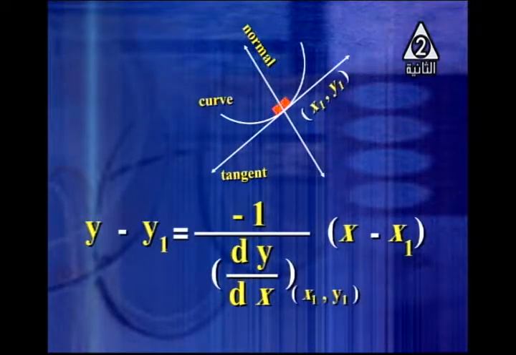But this equation is the equation of the normal. What is the meaning of the equation of the normal? The normal is perpendicular to the tangent of the curve: y minus y1 equals -1 over dy by dx at point x1, y1 multiplied by x minus x1.